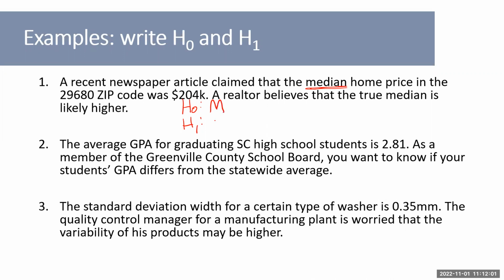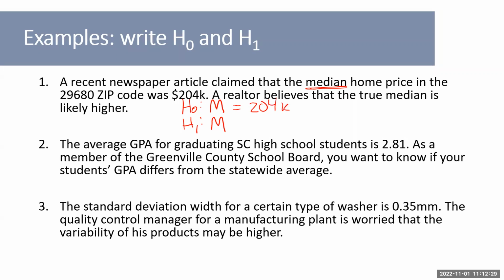So I'm just going to use a capital M. Okay. Now, my null hypothesis, remember, has to be equals. Okay. So let's just leave that sign there and let's write our null hypothesis. The newspaper article claimed that the median home price was $204,000. So if nothing is going on, if nothing has changed, that median is still equal to $204,000.